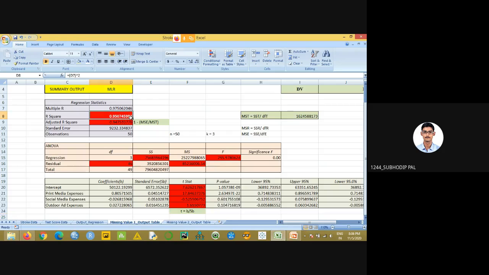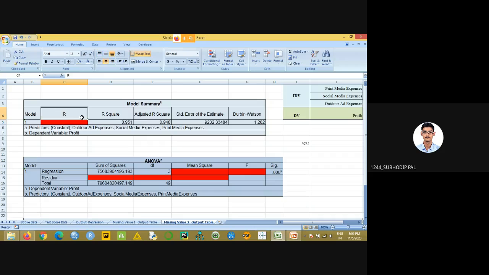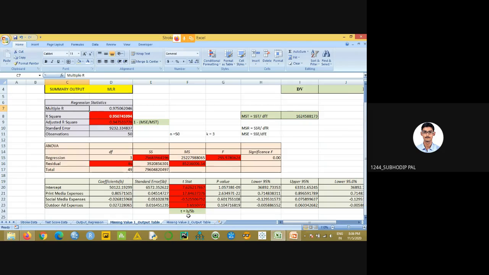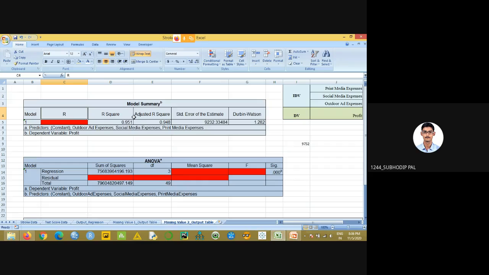How do you calculate R square? By squaring this multiple R, right? R and multiple R are both the same. Excel represents it as multiple R, but SPSS represents it as R only.